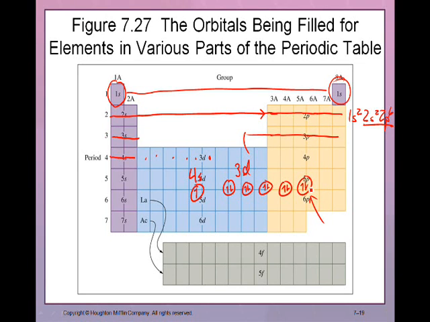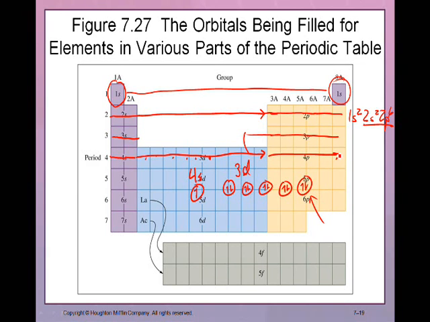Now the building up process that I've been describing here of going from 3d to 4p, that process is called the Aufbau process, building up 1 electron at a time and using that to predict where the element would be on the periodic table. So by the time we get to the end here, our outer shell electrons are 4s2 and 4p6, and the inner shell, see, this is on the 4th period down, that is krypton.